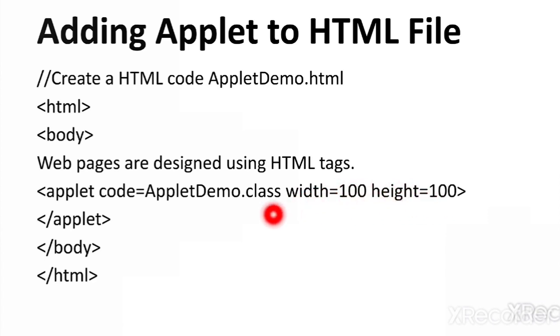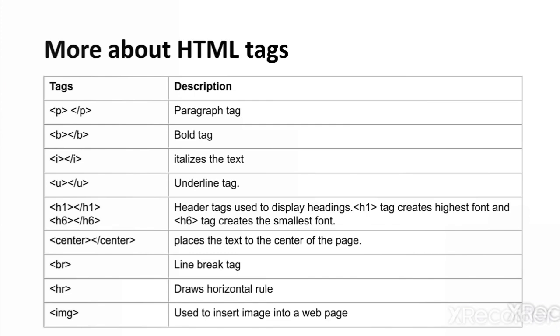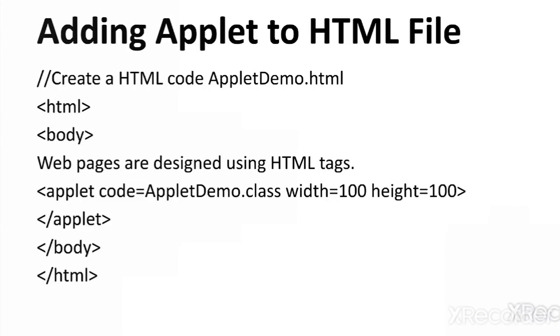And then after setting the attributes of an applet tag, that is code, width and height, now you can close your applet tag by the closing tag, and now you can close the body tag and the HTML tag also.